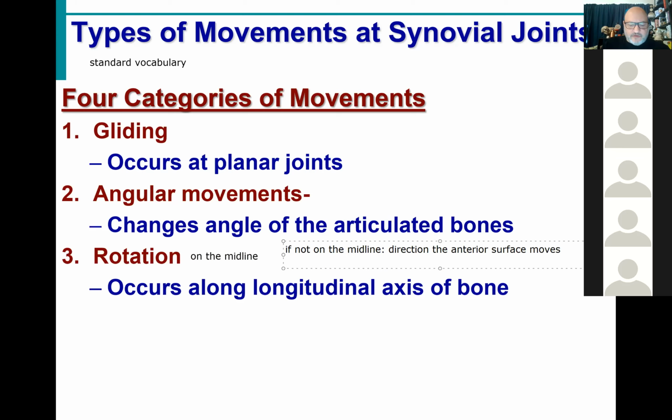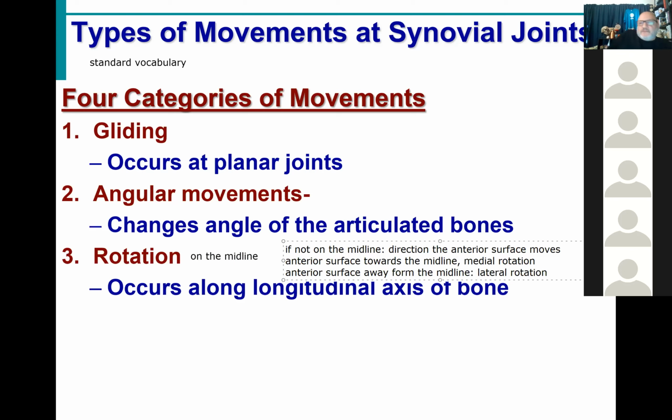So if the anterior surface moves towards the midline, then it is a medial rotation. Whereas if the anterior surface moves away from the midline, then it is a lateral rotation.